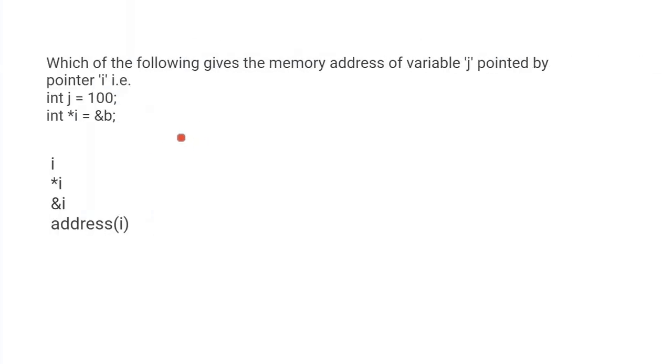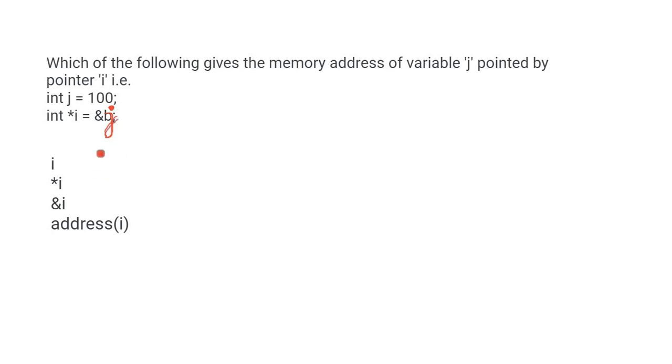Moving on to the next question. Which of the following gives the memory address of variable j pointed by pointer I? There is a variable int j equals 100, and int star I, which means I is a pointer to an integer type variable, which is ampersand of j. I'm sorry for the mistakes, it should be j here.